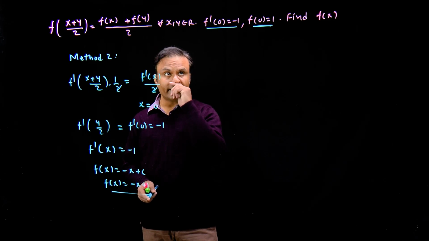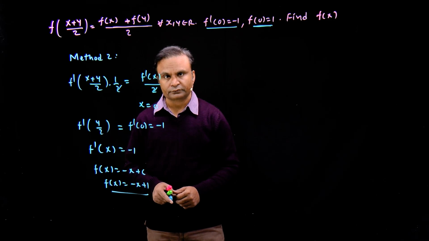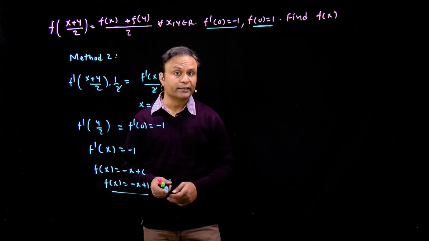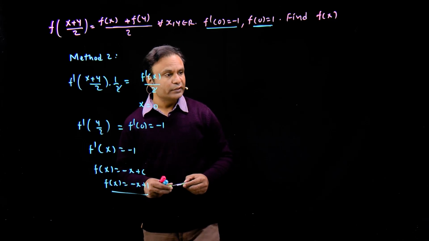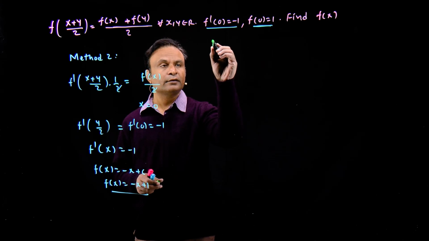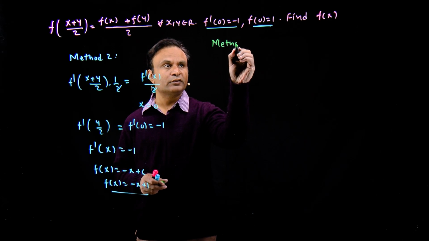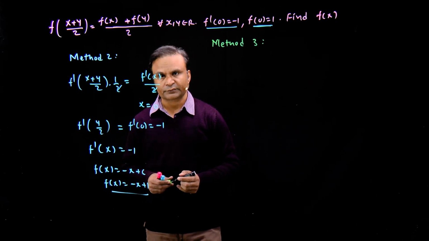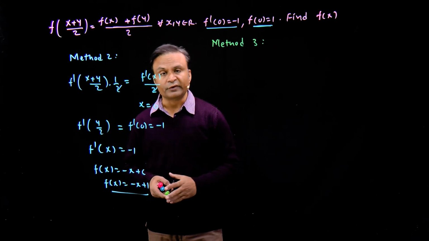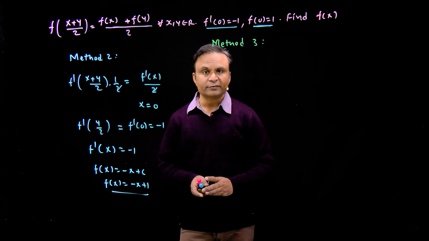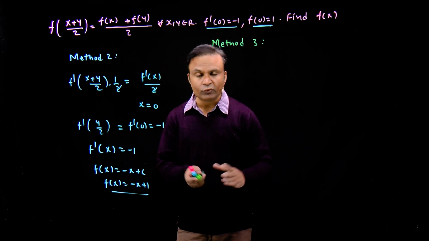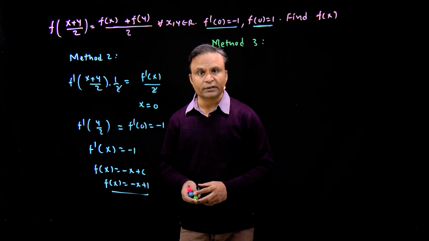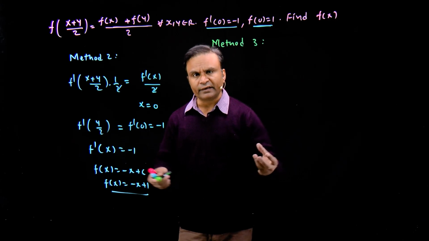But for this question I have one more method, which is graphical method. So let's try with alternative method, method number 3. And this method is very interesting. Using this we can solve, or we can prove many inequalities in trigonometry and calculus.